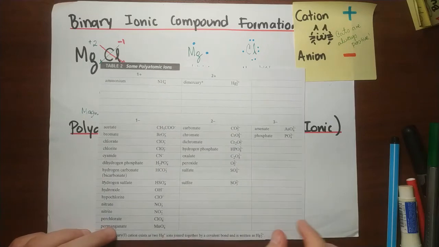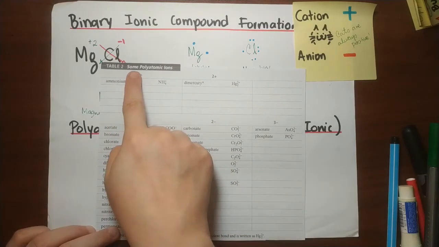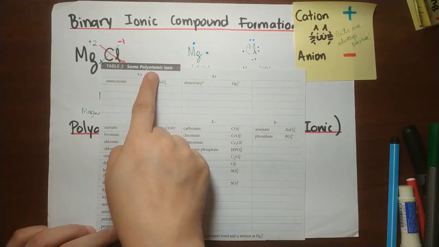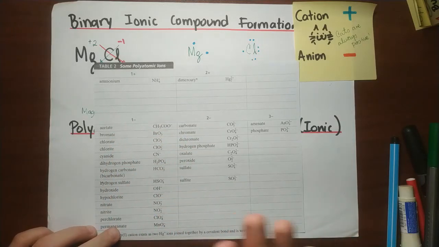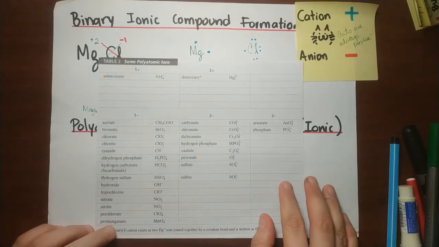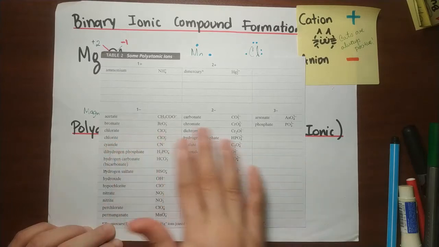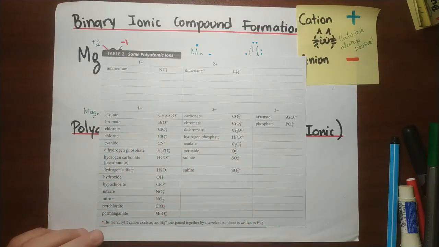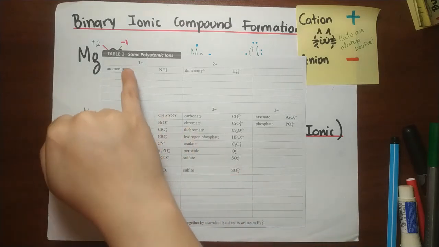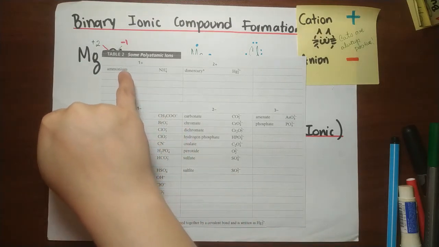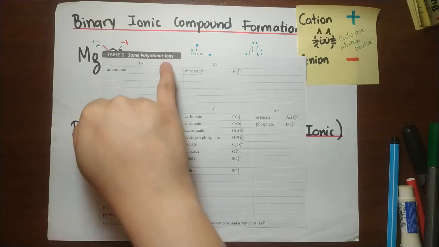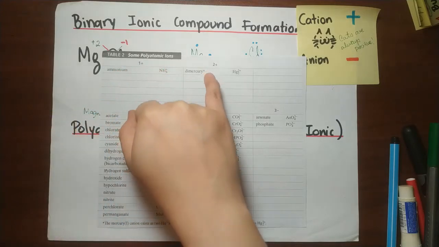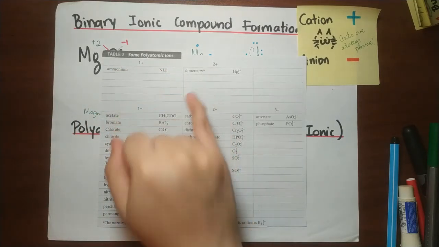As you can see here, it's called Table 2, some polyatomic ions. Some, not all of them. But you'll be okay for a class if you know all of them. So you can see there are some polyatomic ions that have positive charge, like ammonium, +1, or dimercury, which is +2.